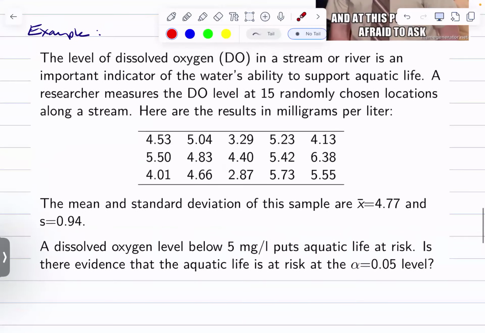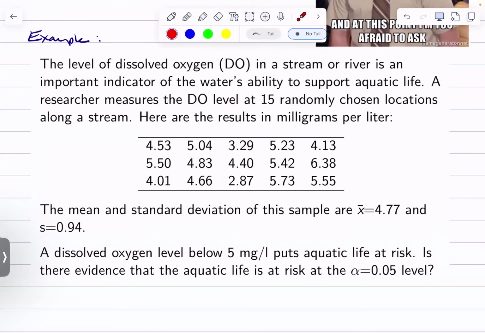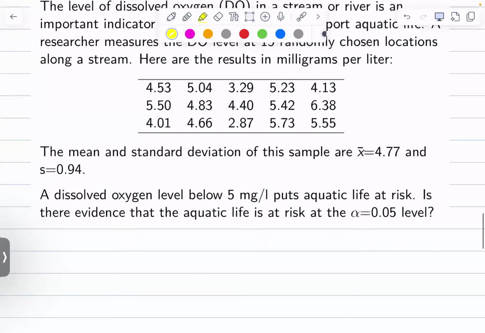But I'm proud to have it. Is there evidence? Tells me we need to do a hypothesis test. Whenever you need evidence for something, then you have to do a full-blown hypothesis test.